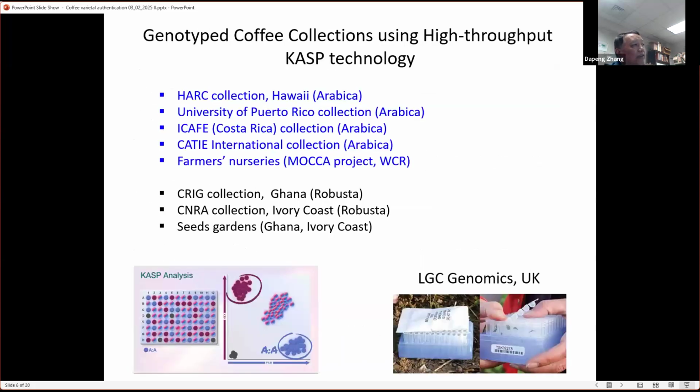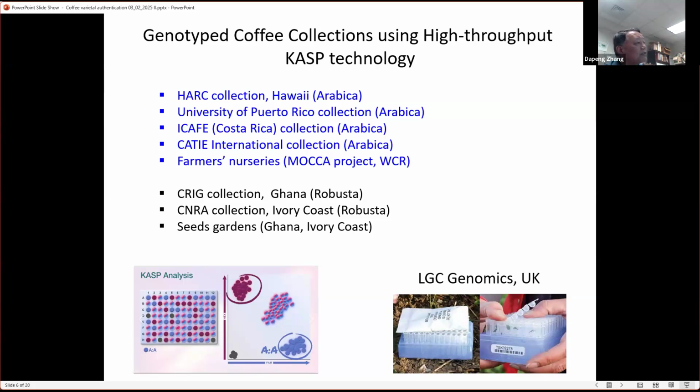So far, in terms of germplasm collections, with the collaboration of Tracy, Chinji, Minnie, Luz, Ricardo, the colleagues in the ARS system and outside the system, we genotyped the HARC collection, University of Puerto Rico collection, ECAF collection, CATIE International collection, and various farmers' nurseries in collaboration with World Coffee Research.